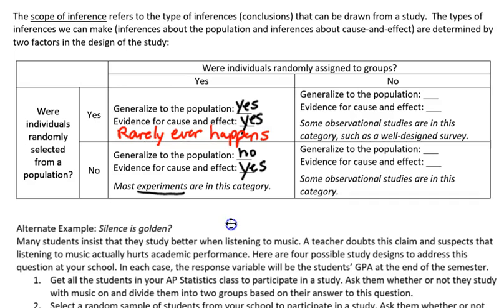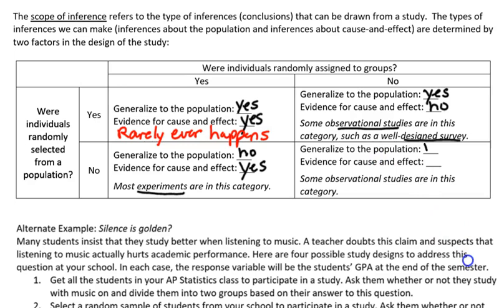In the top right-hand box, we've randomly selected from the population, so yes, we could generalize our results to the population, but we have not randomly assigned anybody to groups, so there is no evidence for cause and effect. Some observational studies are in this category, as well as most surveys. The last group is where we didn't randomly select from a population, nor did we randomly assign to groups.